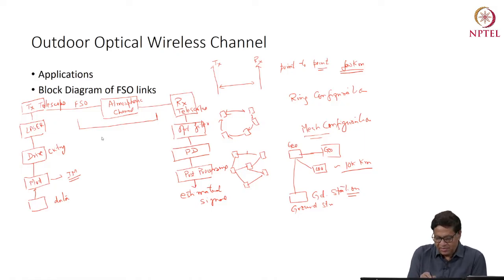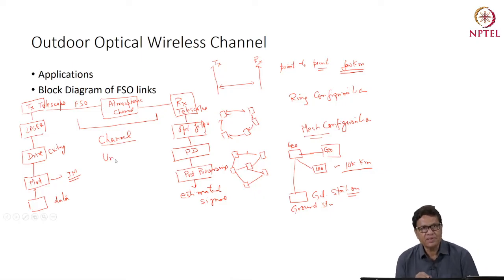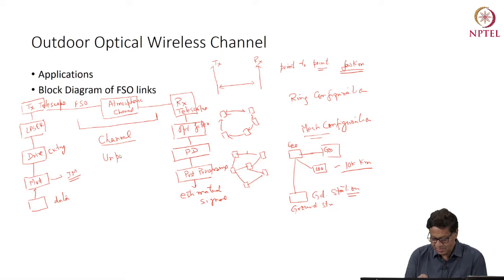And this channel, by the way, is very unpredictable. It's a time-varying channel. Unlike your indoor channel, which was sort of deterministic, this is unpredictable. And it depends on what kind of environment conditions you have. Whether it is raining, or there is some fog or snow.